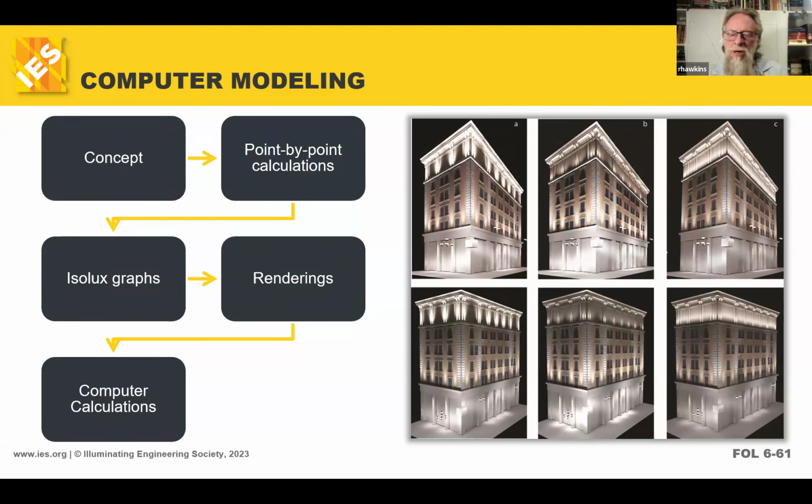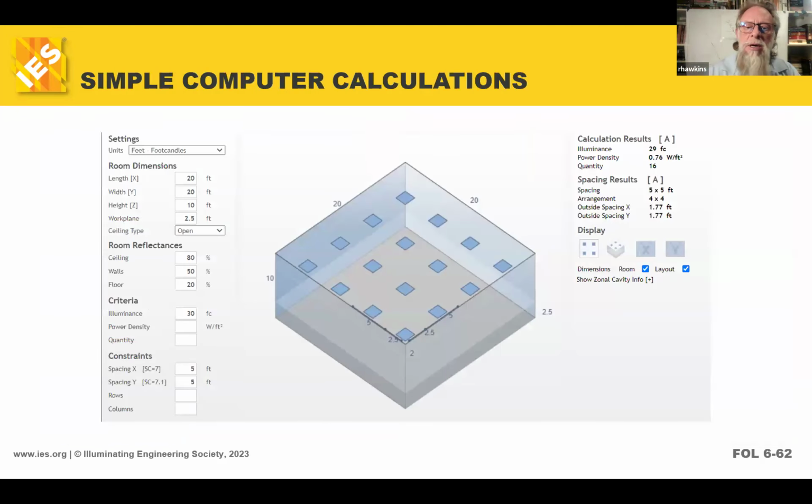And part of the reason it's really hard is a printed render versus a render on a screen versus real life. Each one of those has a range of luminance values coming off of it that are very different from one another. So a printed rendering is never going to look like the real thing, although it could come close, depending on the luminance ranges as you look around your space.